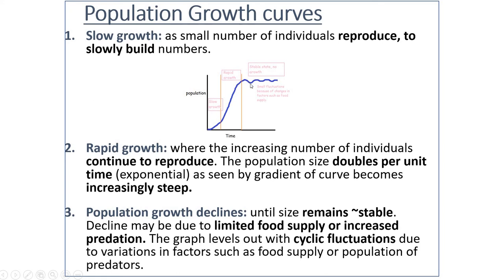And then finally population growth declines until eventually the size remains more or less stable with small fluctuations. The decline may be due to limited food supply or increased predation, and the graph levels out with cyclic fluctuations due to variations in factors such as food supply, population of predators, etc.